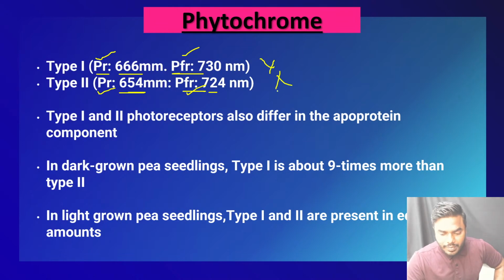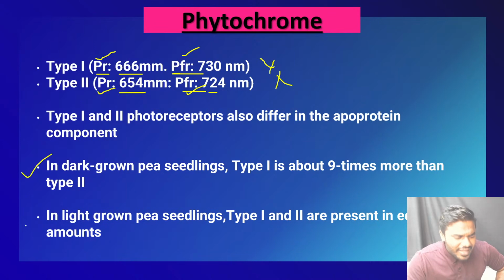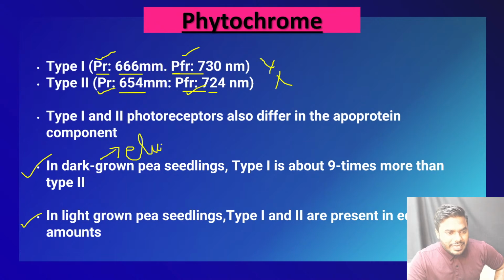What you have to remember for the exam, which we can expect in the statements, already asked in part C questions. See, in dark grown pea seedlings, sometimes instead of saying dark grown, they will use the word etiolated pea seedlings.